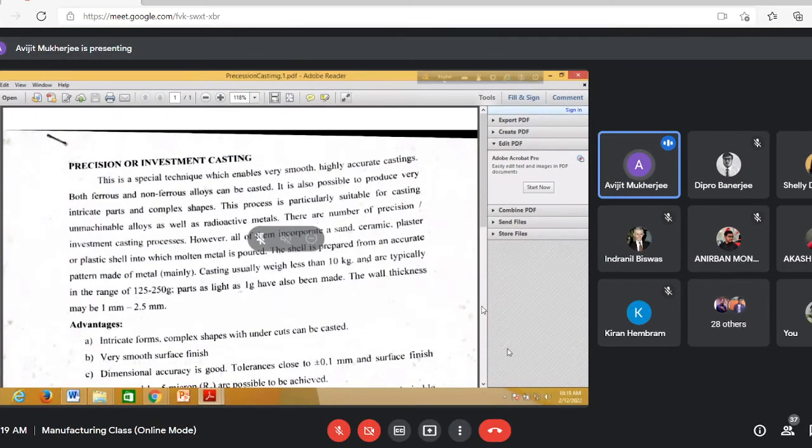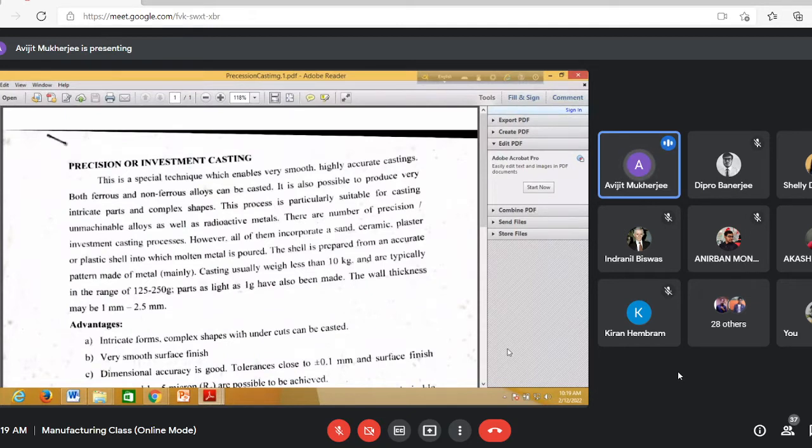Molding material means preparation of the cavity using that material. So precision casting technique may use sand. Sand may be used also, but in the majority of the cases, ceramic, plaster of Paris, plastic, wax, all these are used as a molding material.